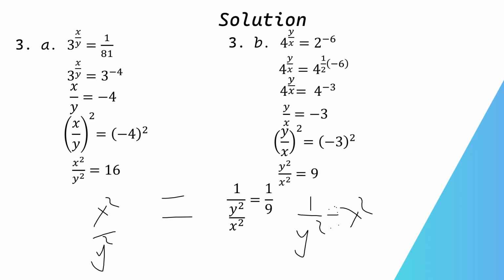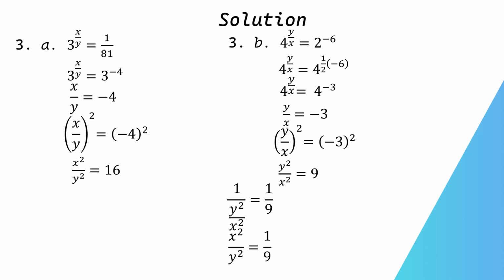And we get x squared over y squared. When we find the reciprocal of both sides, we get x squared over y squared. That will be our final answer. So the ratio of x squared to y squared is 1 is to 9. The video has become so long, so we'll end it very soon.